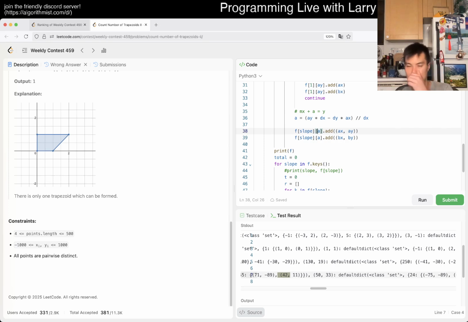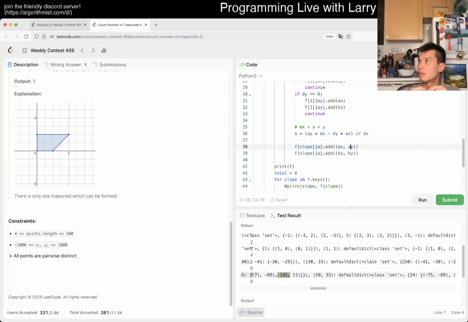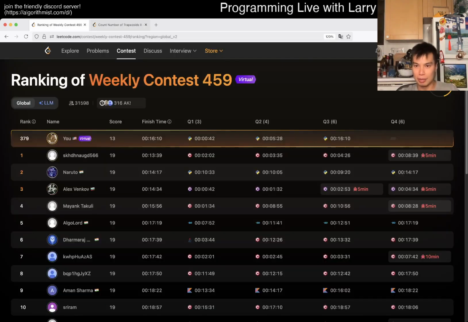I feel like I could get it. I think we just have to keep track of the length, the distance, of these 2 lines. And then magic. The length, and then for all the other ones we want to. Okay, how much time do we have left? 40 minutes.